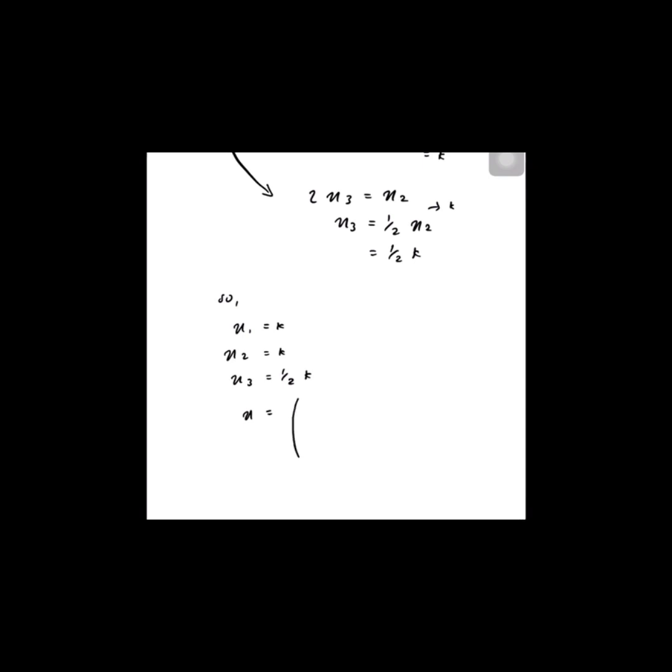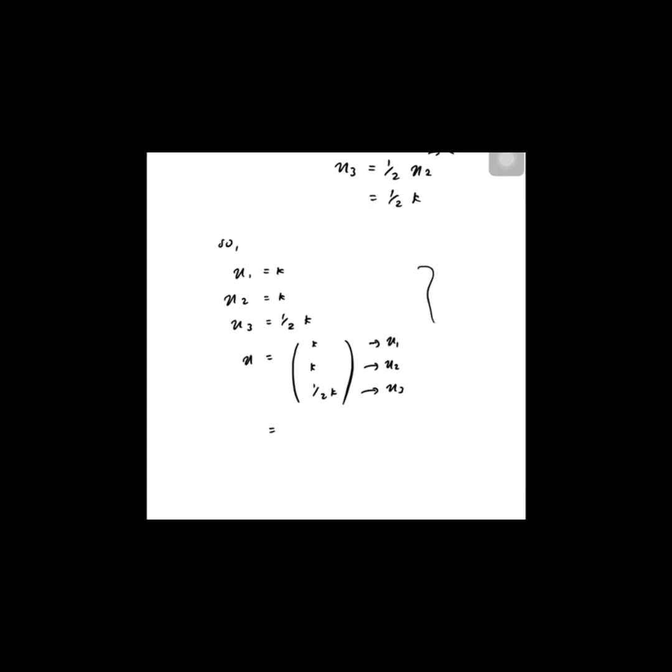So in our matrix form, it will be k, k, 1 over 2 k, because it is x1, x2, and x3. So from this, we can factorize it and put the k out of the matrix form.